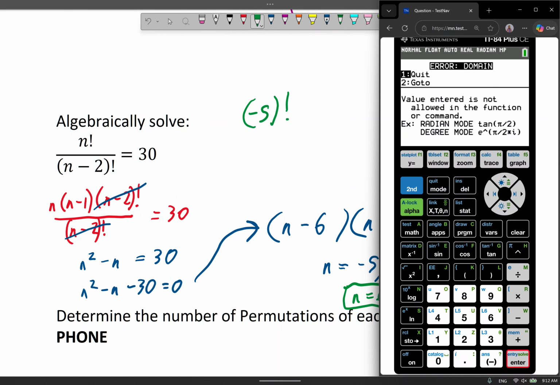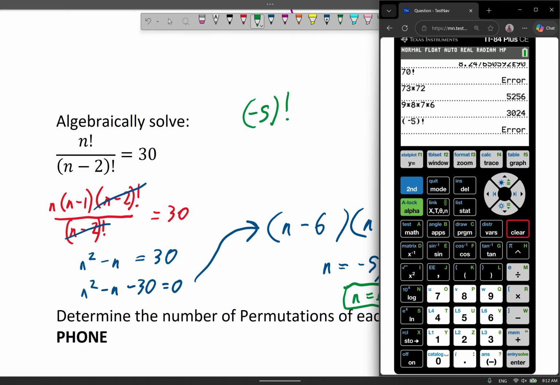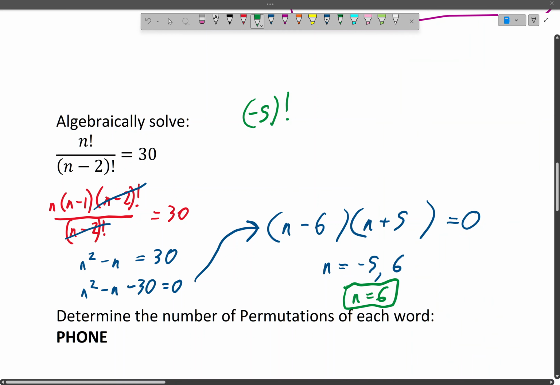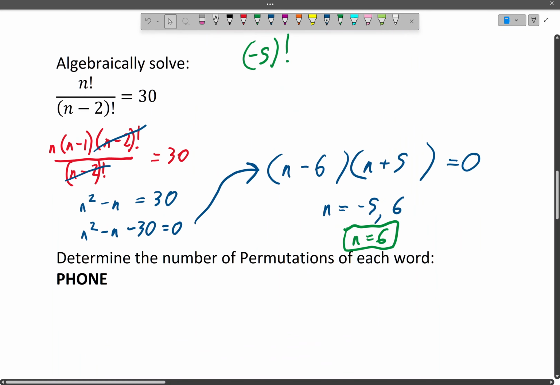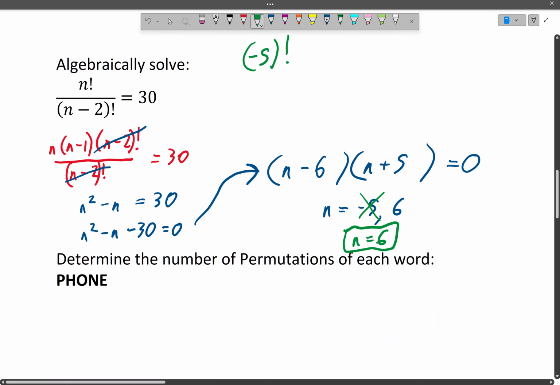And you can see that it tells you you cannot have a value in this function, right? So you cannot have a negative inside a factorial. So it's n equals 6 because this one is not allowed.